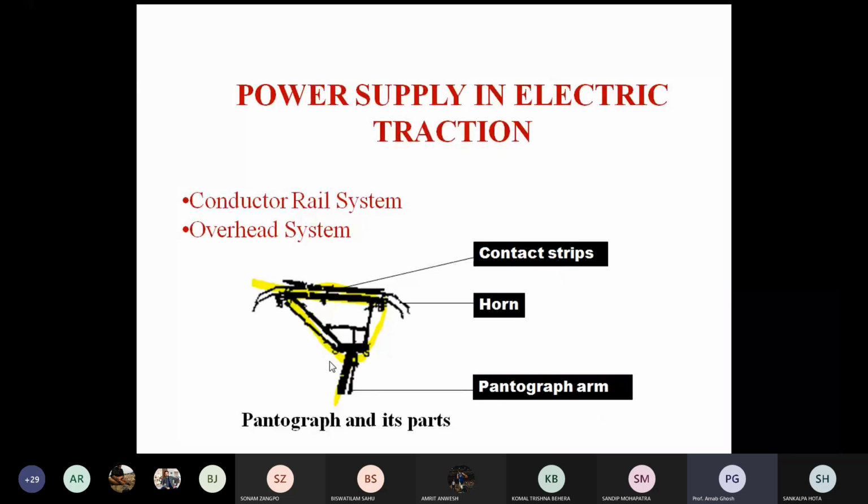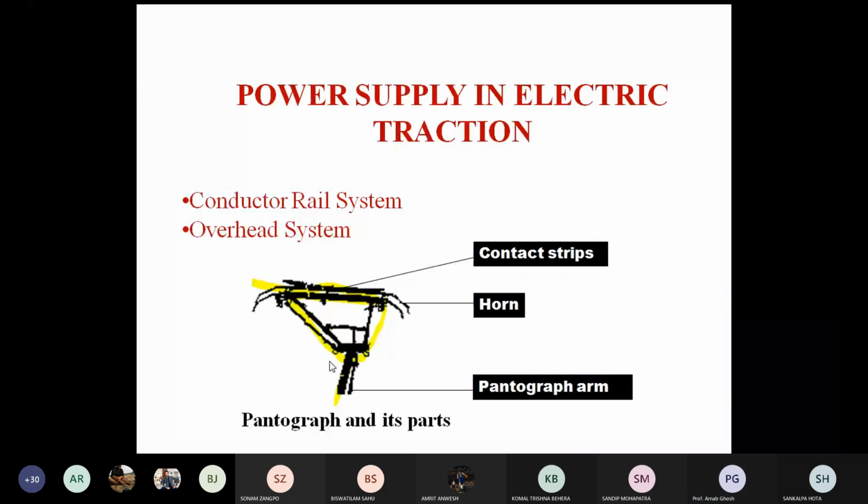The screen is there for maintaining the minimum gap, or rather maintaining the contact between the contact strip of the pantograph and the wire. If there is any gap, what will be the problem? What is the necessity of that strip? That I am going to tell.